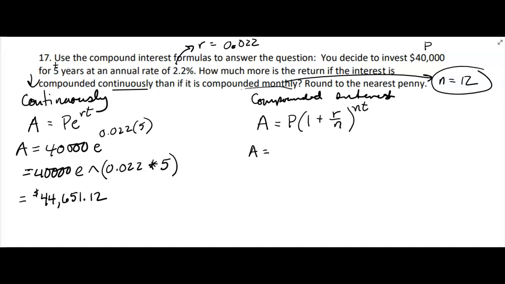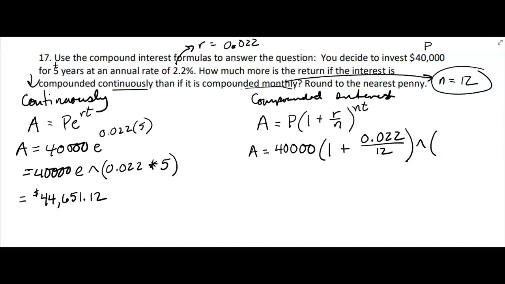Monthly would be 12 times a year. 40,000 for the P, 1 plus the rate 0.022 divided by 12, and then we're raising that to the power of, and you could just put your little exponent there, but this is how you'd put it in a calculator. You can just type this all in a scientific calculator. I have a scientific calculator on my phone, so you can do that.